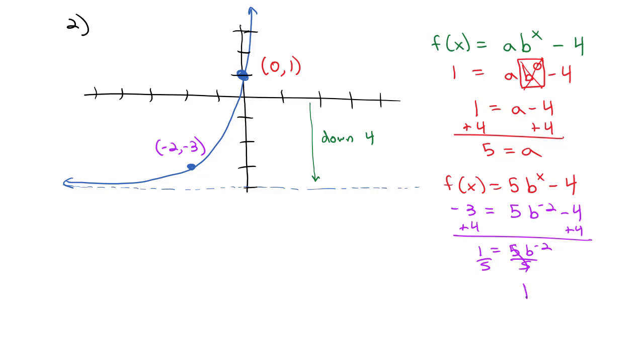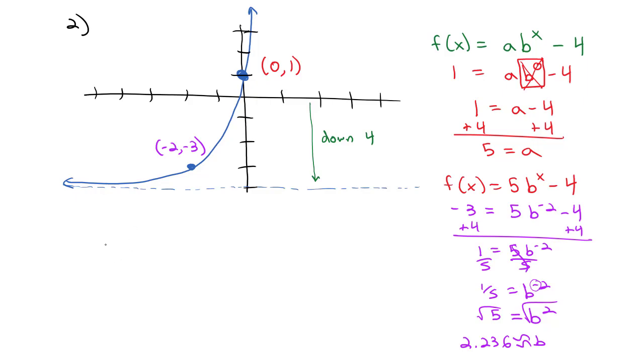Divide both sides by 5. b to the -2 equals 1/5. And then a negative exponent just flips everything over. So if I flip 1/5, I get 5 equals b squared. Take the square root of both sides. And b is equal to approximately 2.236.